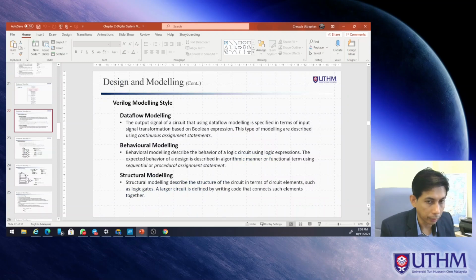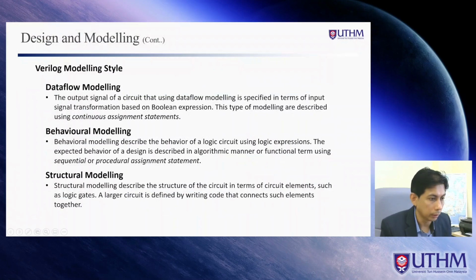So last week we have learned how to model the digital circuit in Verilog, or how to describe the digital circuit in Verilog. So basically we have three types of modeling style. The first one is data flow modeling, where we need to have the Boolean equation.